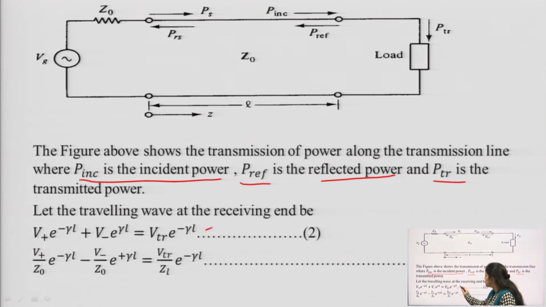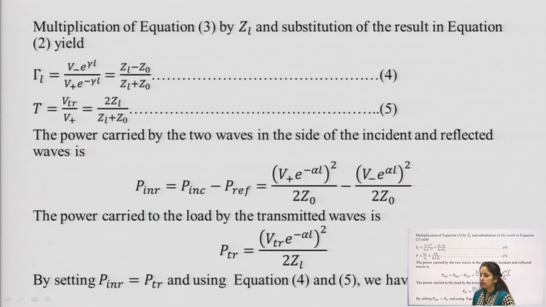This is in terms of voltage, and when we write in terms of current, it is written as V plus upon Z naught e to the power minus gamma L minus V minus upon Z naught e to the power plus gamma L is equal to VTR upon ZL e to the power minus gamma L. Now, what do we have to do?